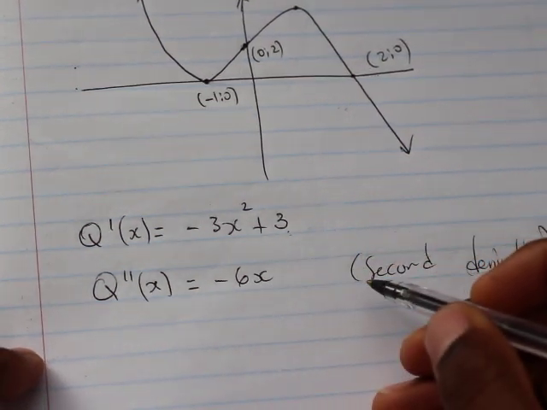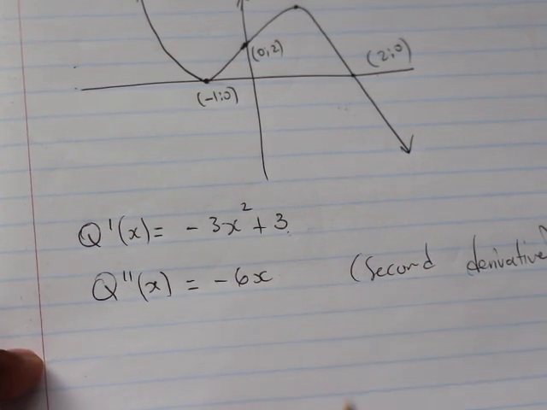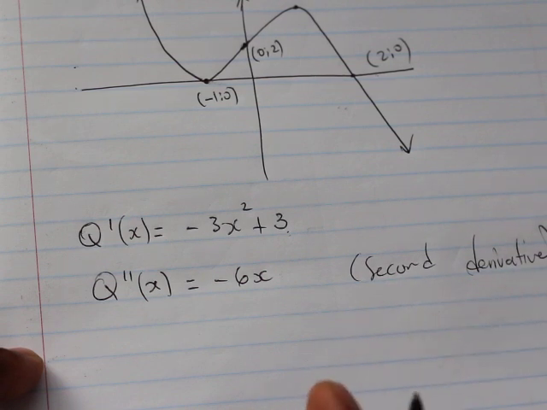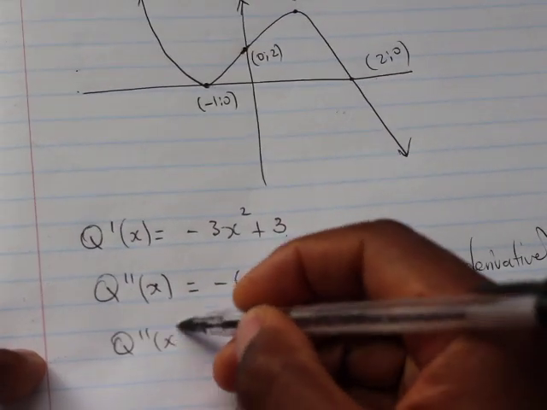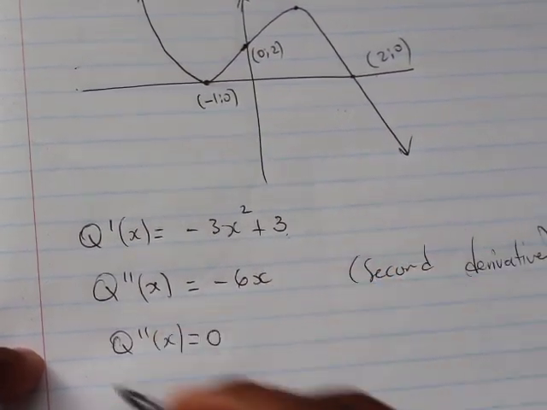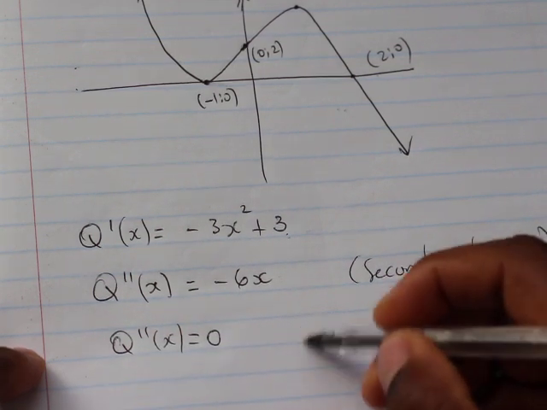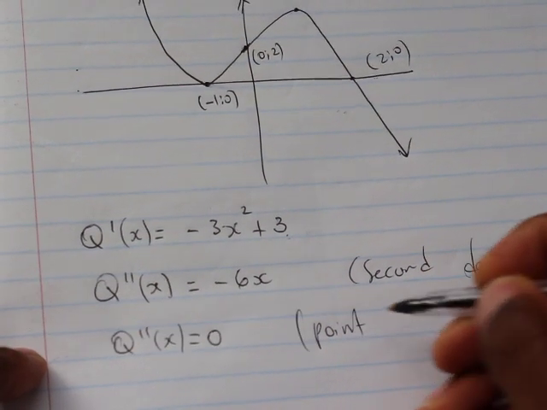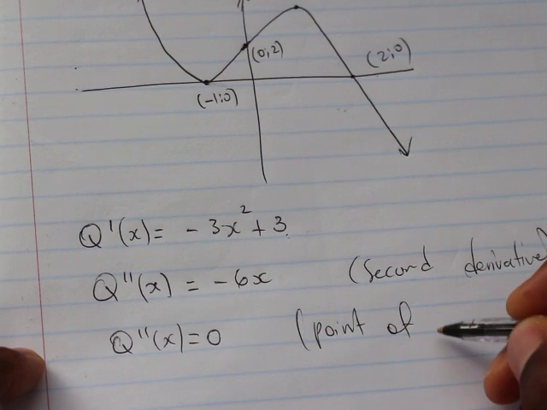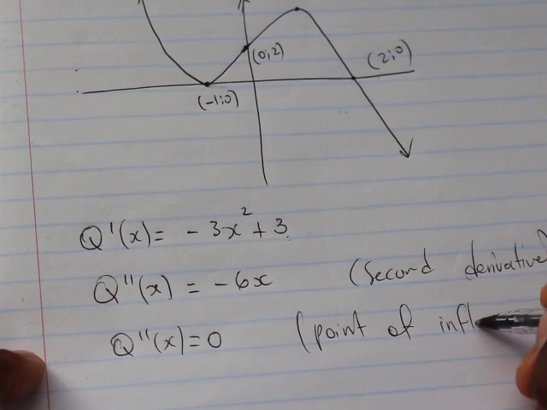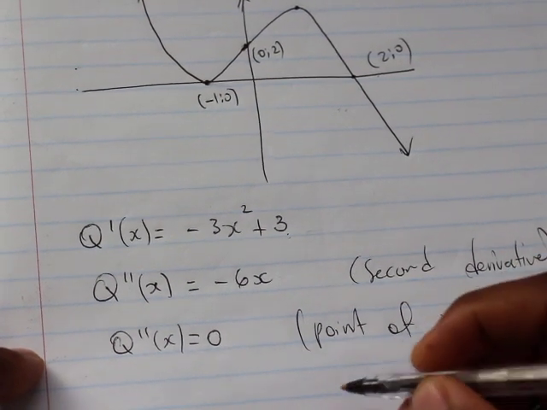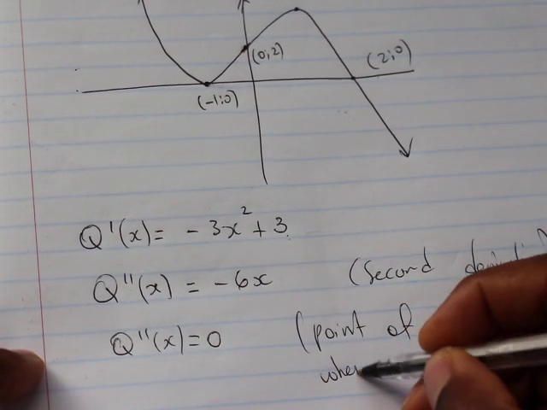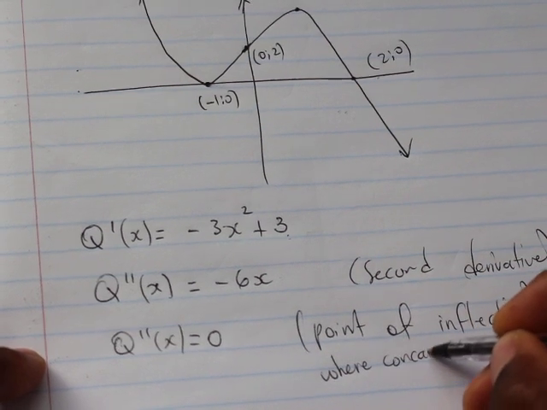So now you have to take the second derivative the same way we set the first derivative equal to 0. We're also going to set the second derivative equal to 0. So q double prime of x must be equal to 0. So this is going to enable us to find the point of inflection. Right, this is where concavity changes.